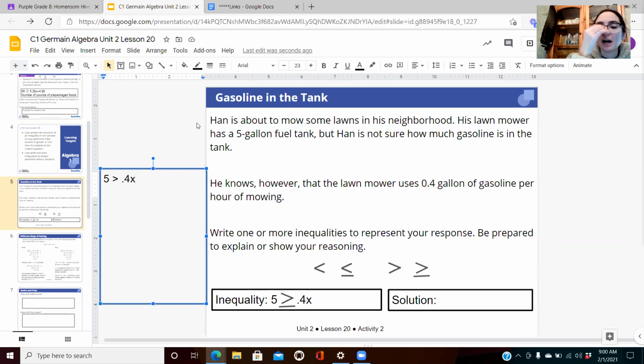Let me know in the chat, how many hours can he mow his lawn for?